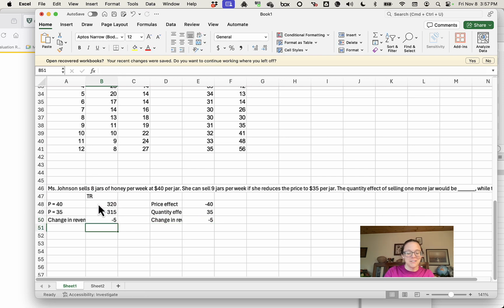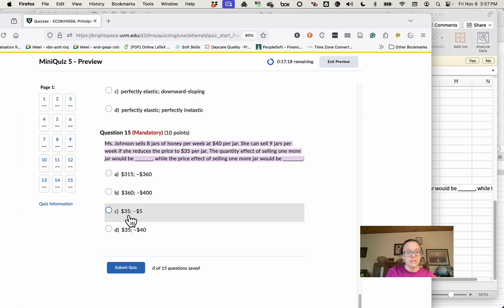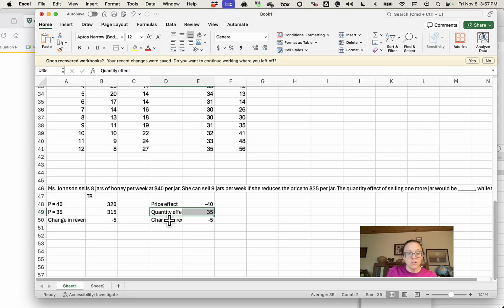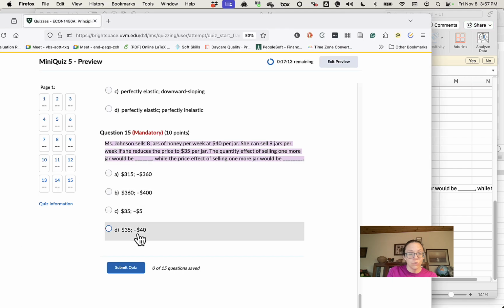There, now the revenue drops by 5. So in both cases, we can see total revenue falls, and here we see it's driven by a price effect and a quantity effect. And so the quantity effect is equal to $35, and then the price effect is equal to negative $40. And so that gives us our answer.